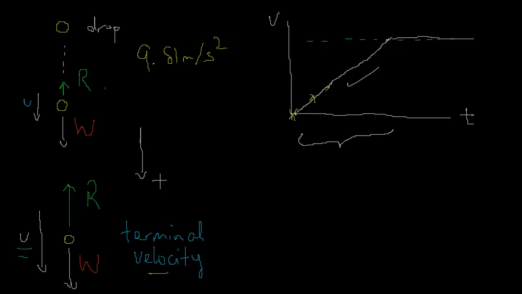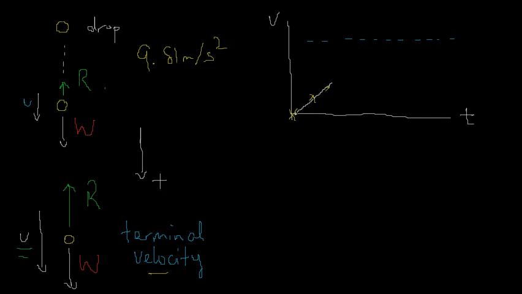Not really, because as we have seen, the resistance increases with time, so it cancels off more of the weight, and therefore acceleration should decrease, because the resultant force gets smaller and smaller.